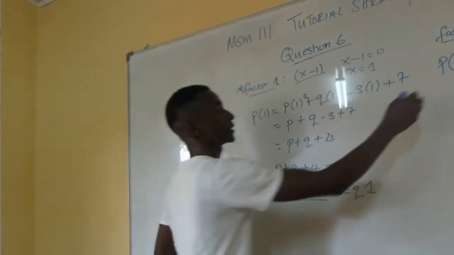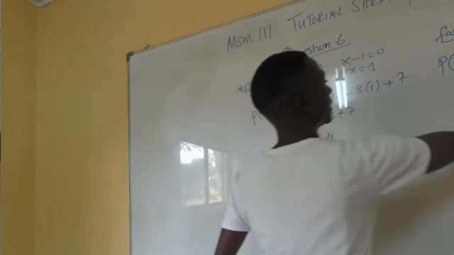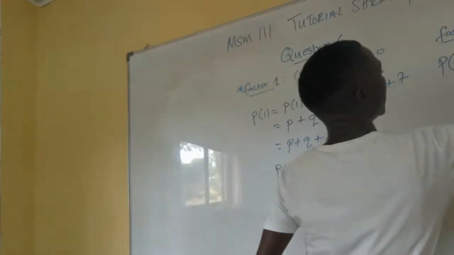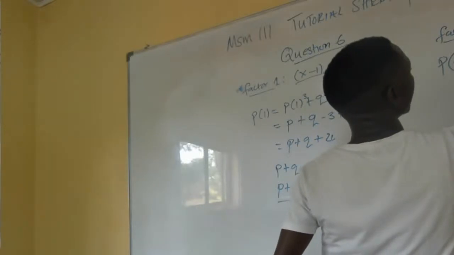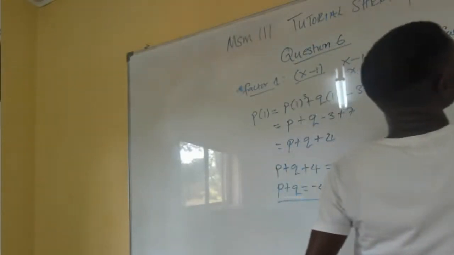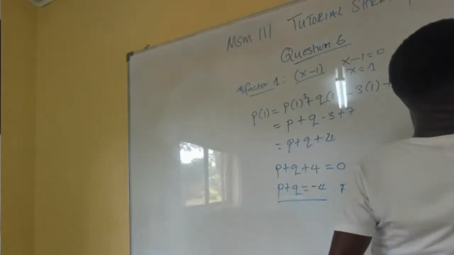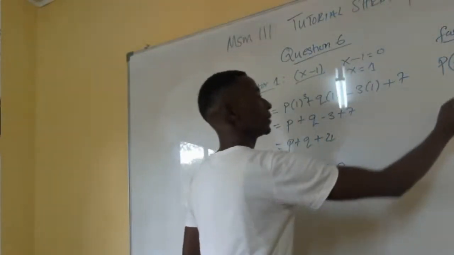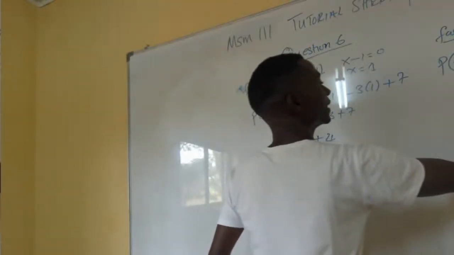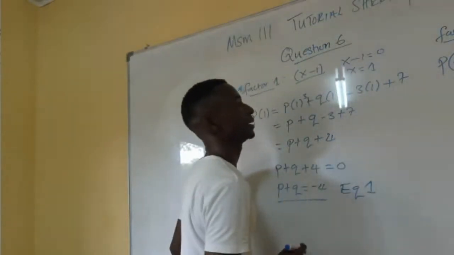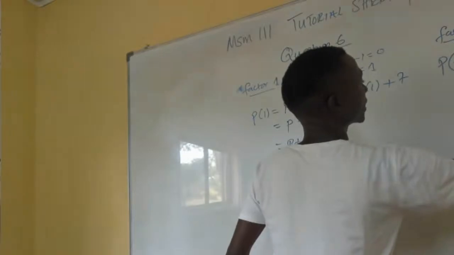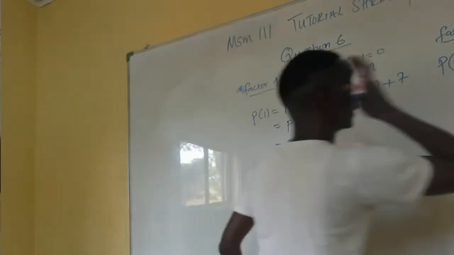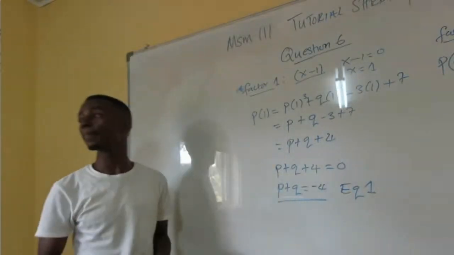If we substitute, we are having p multiplied by negative 1 to the power 3 plus q multiplied by negative 1 to the power 2 minus 3 multiplied by negative 1 plus 7. So there we go. We're getting negative p, then plus q plus 3 plus 7. So that's what we're getting.